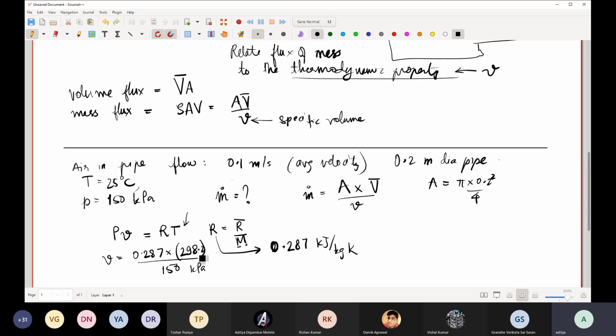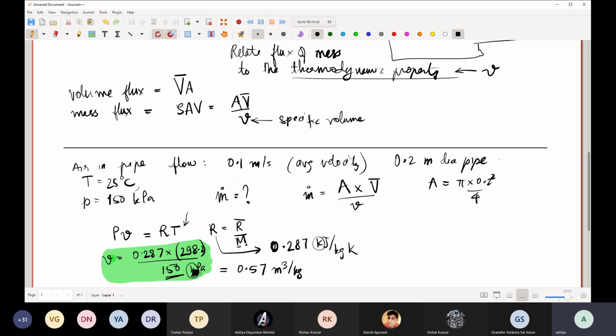You have to appropriately account for the units. The kilojoule and the kilopascal actually cancel out. You must do this particular calculation on your own, otherwise you will not be clear about the kilo cancelling out. The end unit of this is 0.57 meter cube per kg. I have written it down as 150 kilopascal because the kilo in kilopascal and the kilo in 0.287 kilojoule cancel out.